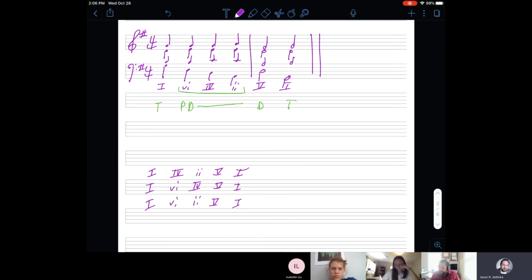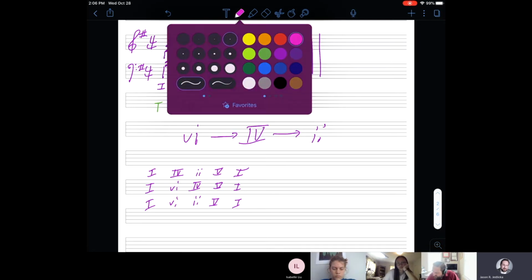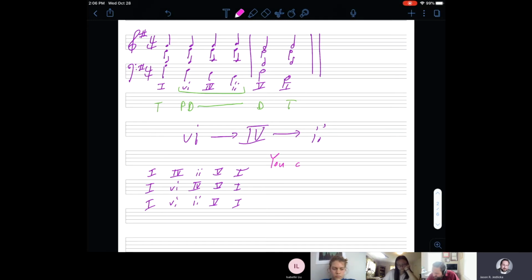So the idea here is that in predominant space, our 3 predominant chords are 6, 4, and 2, and you can skip any of these, but you have to move to the right.